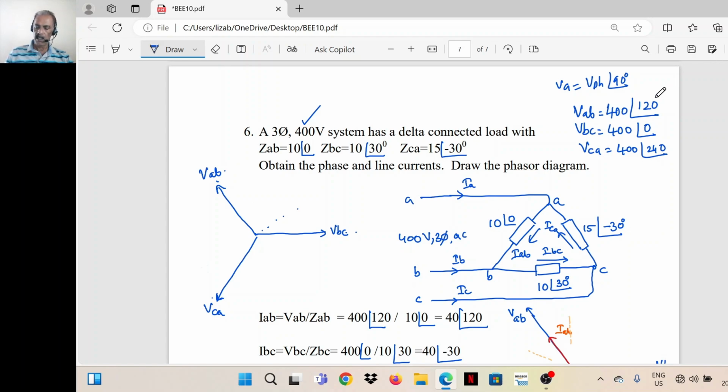VAB is 400 angle 120, and the impedance between A and B is 10 angle 0. Therefore, IAB, the current from A to B, is 400 angle 120 divided by 10 angle 0. That's 40 angle 120.